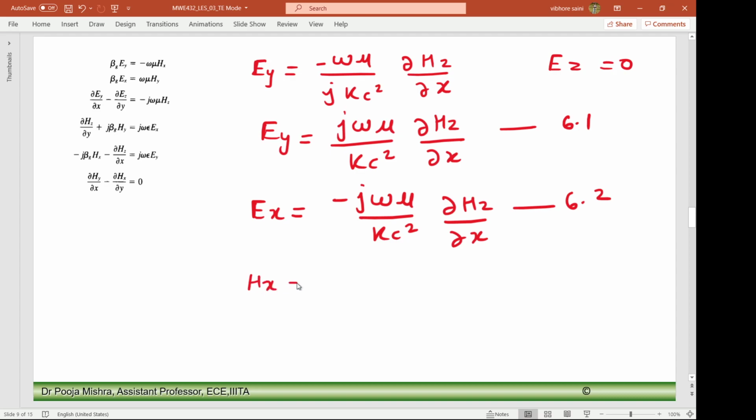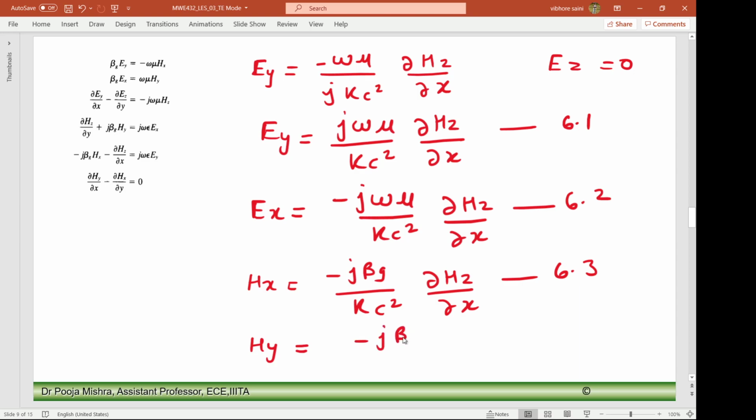Hx will be obtained as minus j beta g by kc square del Hz by del x, 6.3, and Hy is obtained as minus j beta g by kc square del Hz by del y.